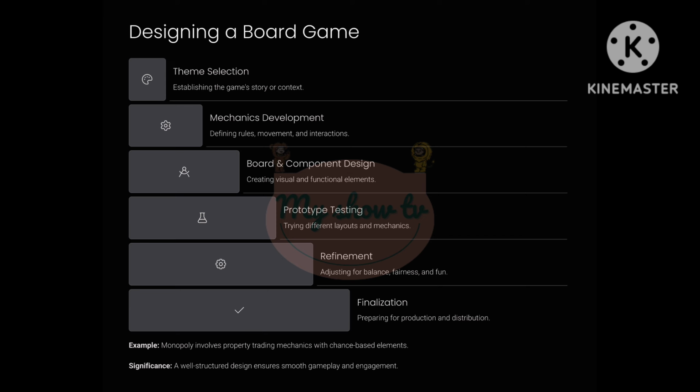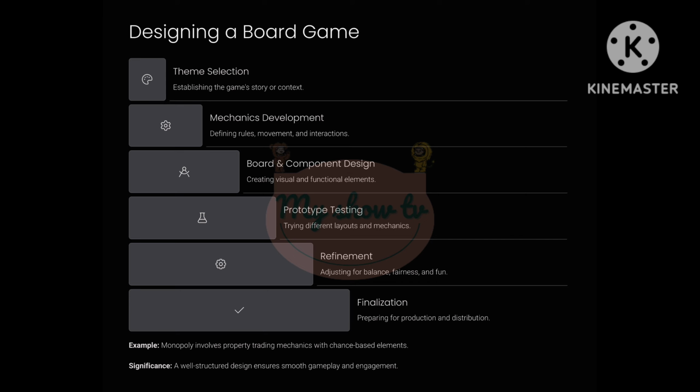2. Mechanics development. This step involves defining how the game works, including rules, player actions, movement, and interactions. Mechanics dictate what players can do and how they achieve victory. Example: in Monopoly, mechanics include rolling dice to move around the board, buying properties, and collecting rent. 3. Board and component design.